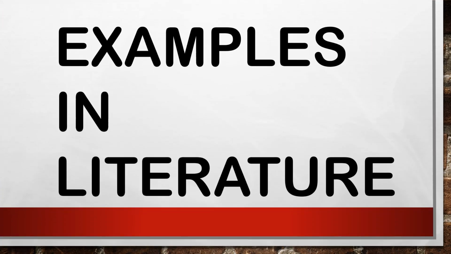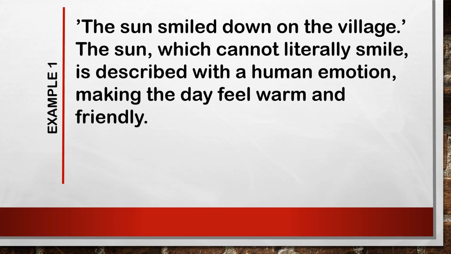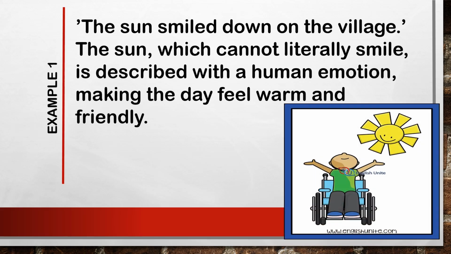I'm going to move on to examples of personification in literature. Example number 1: the sun smiled down on the village. The sun, which cannot literally smile, is described with a human emotion, making the day feel warm and friendly.